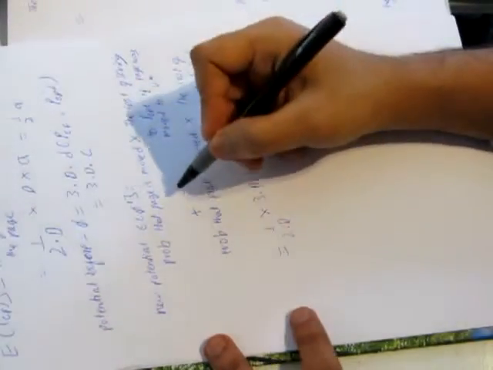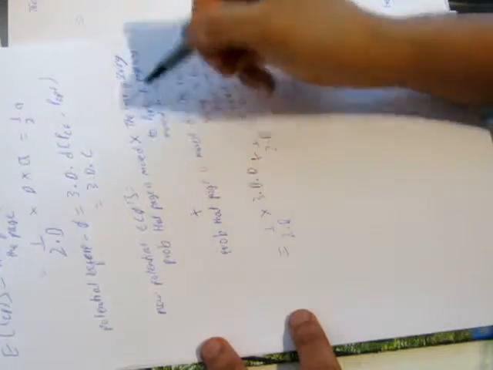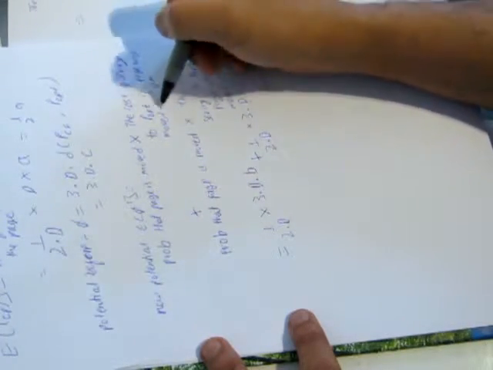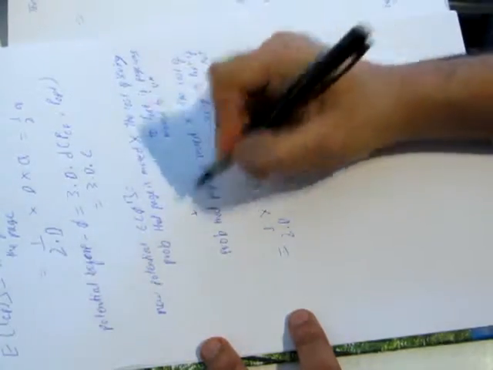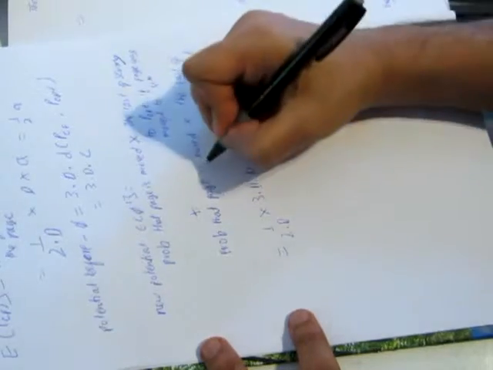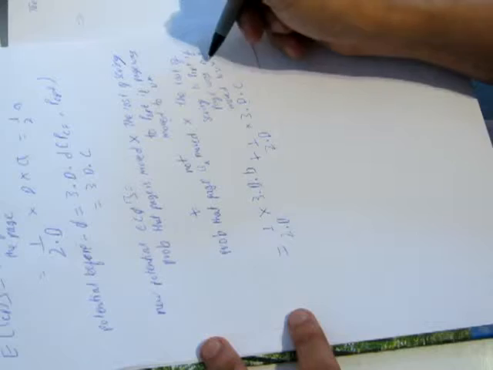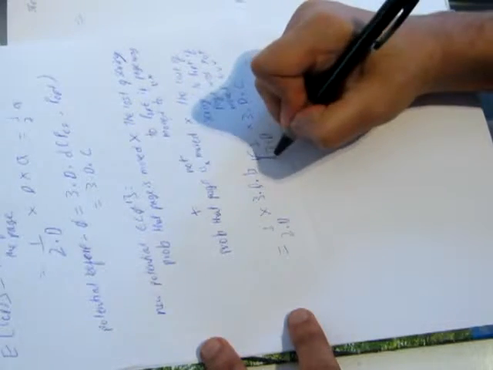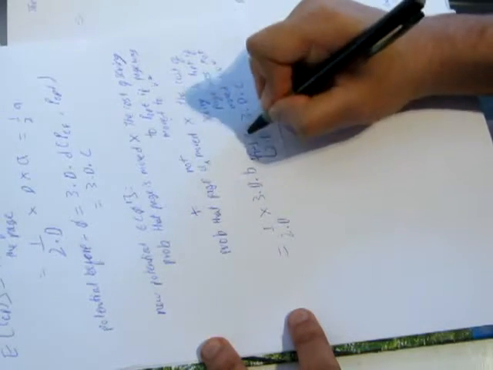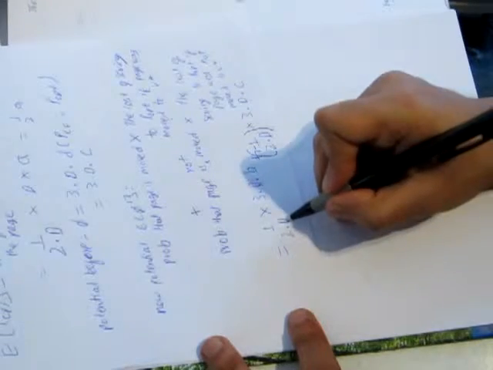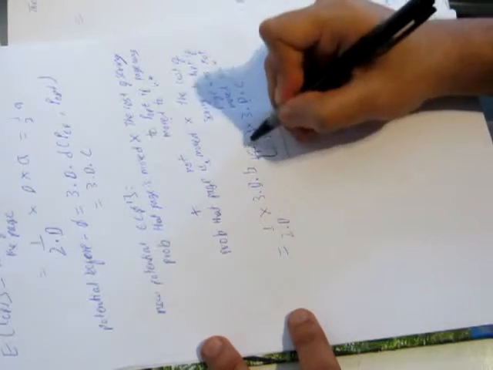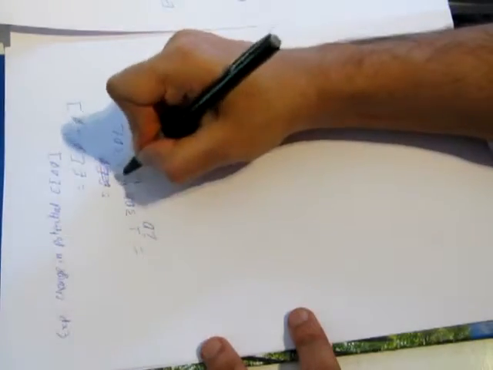Oh, sorry, I made one mistake. The probability that the page is moved into the cost of serving the page if the page was moved, plus the probability that the page is not moved into the cost if the page was not moved. So it will be 1 over 2D into 3dB plus 1 minus 1 by 2D, therefore it would be 1 minus here also, into 3dC.